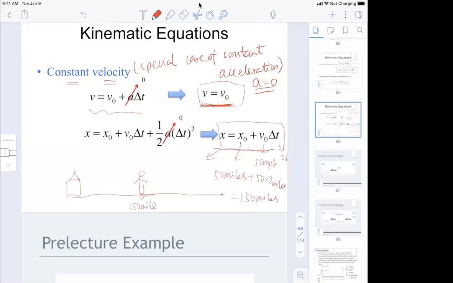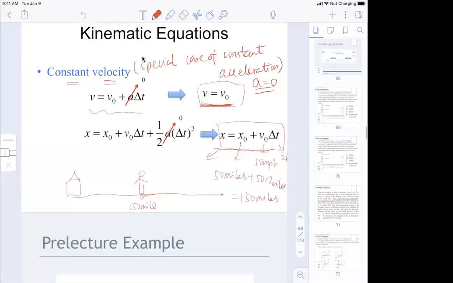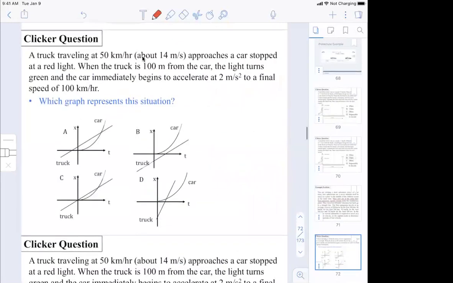So before we solve our problems together, are there any questions about the kinematics equations, about the derivation process that I just went through? Okay, if there are no questions, let's take a look at this problem.